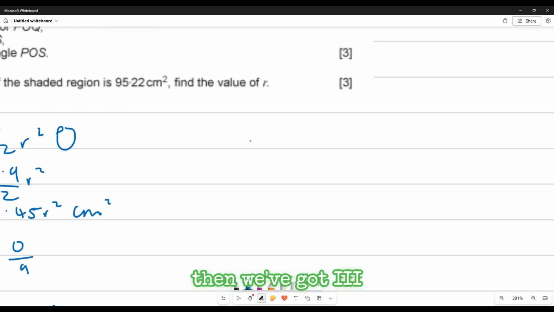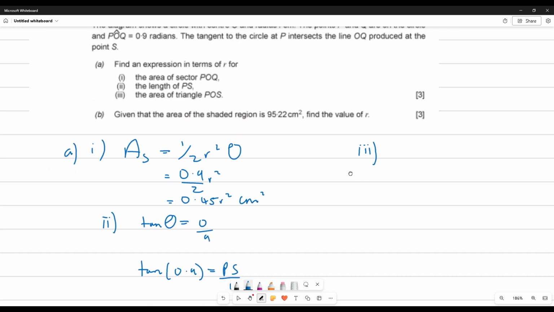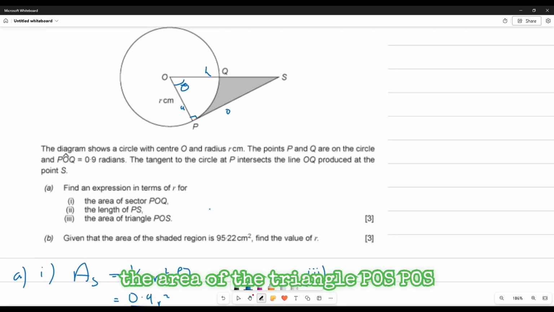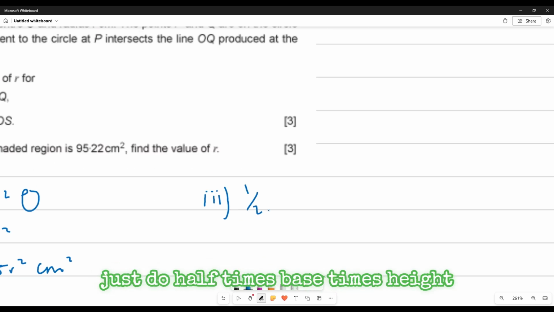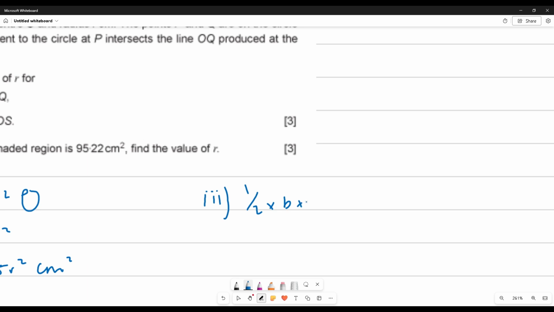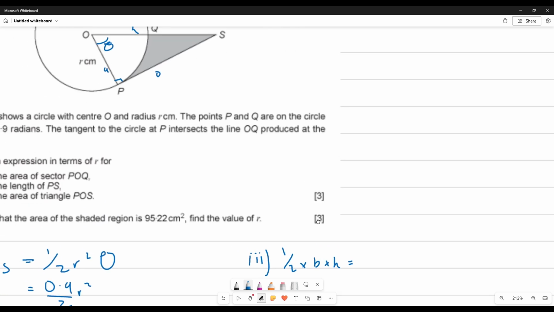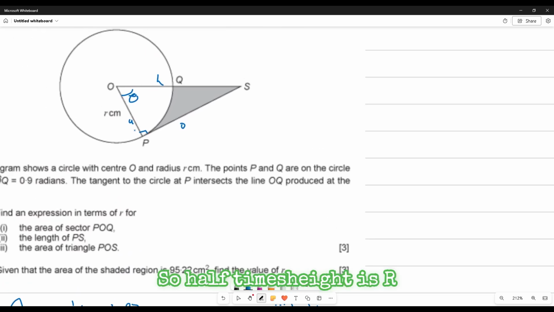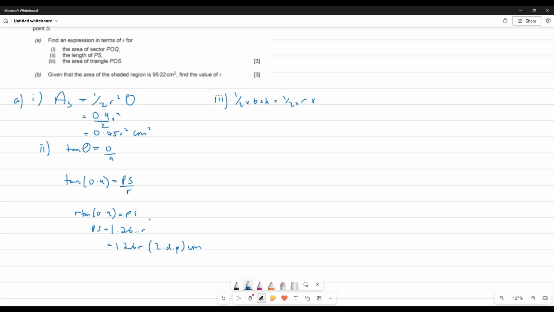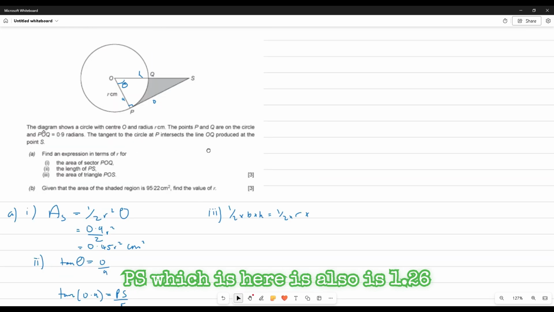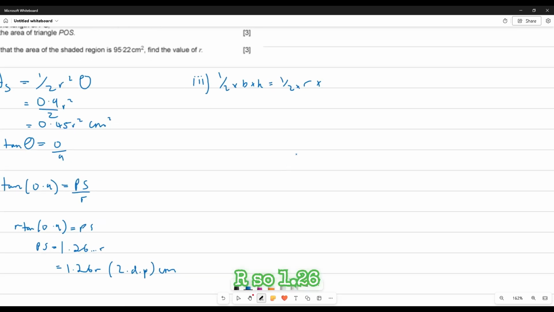And then we've got part iii, the area of the triangle POS. So it's got a 90-degree angle, so we can just do half times base times height. So half times the height, which is r, and then PS, which is 1.26 r.